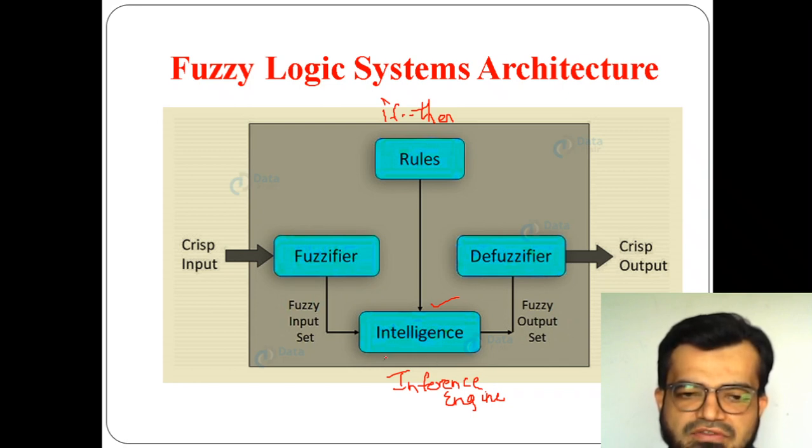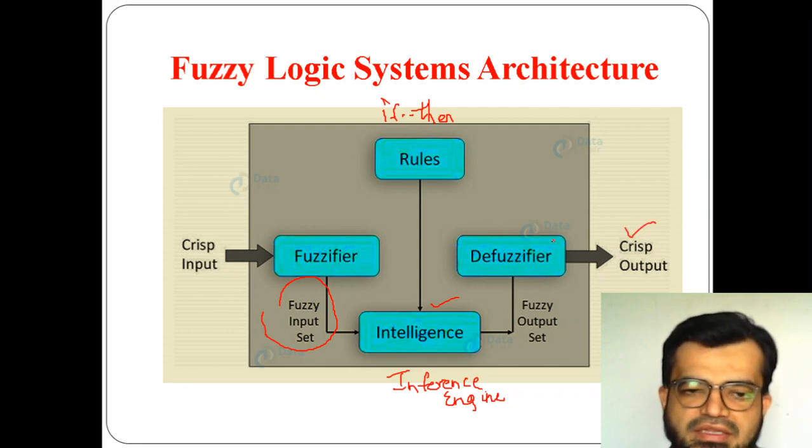With the help of the inference engine, these if-then rules operate on the fuzzy input set, and it gives you the output, but the output will be in fuzzy form.